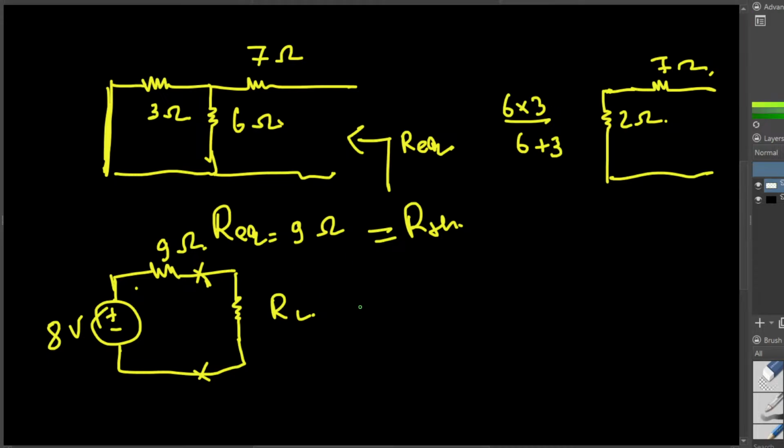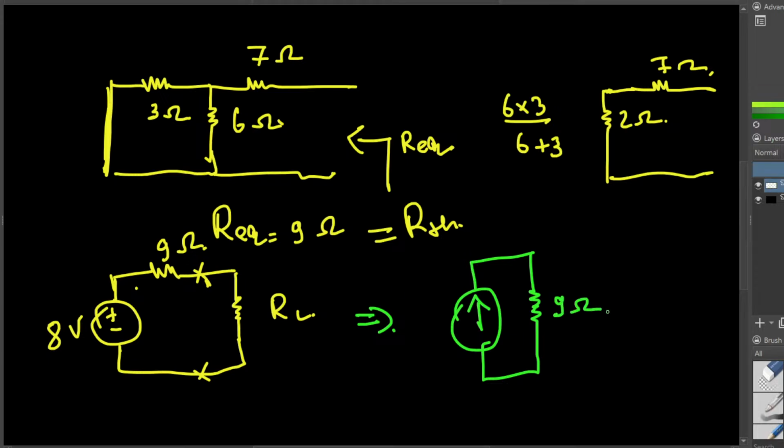So if I do the source transformation for this one, when you have voltage and resistance in series, we are going to have current and the resistance in parallel. And the resistance is going to be the same for R Thevenin and R Norton. The resistance is always going to be the same.